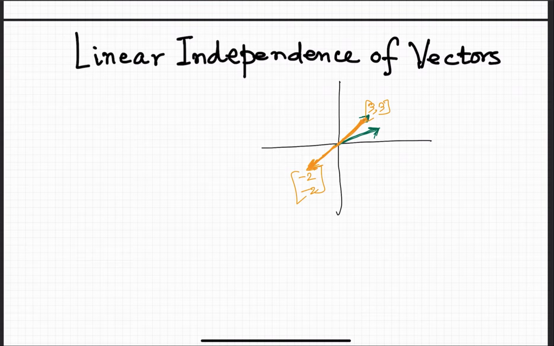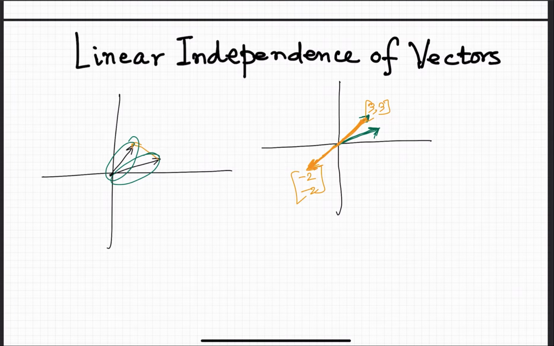Any vector that is created by these two vectors, say the resultant vector of these two, any vector can be created with these two vectors.